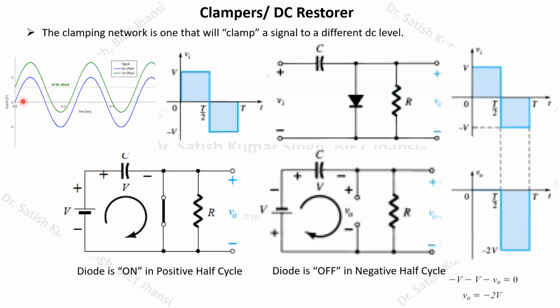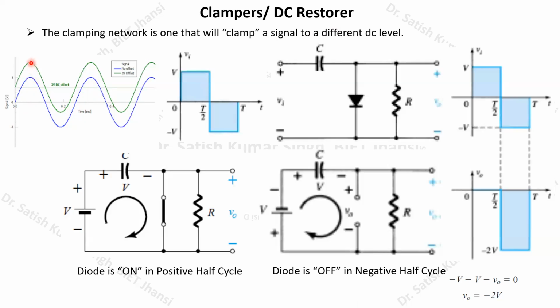This blue curve makes an excursion between -5 and +5 volt. If you add +3 volt to this waveform, the entire waveform will be shifted upward by 3 volt. This was earlier at 5 volts.